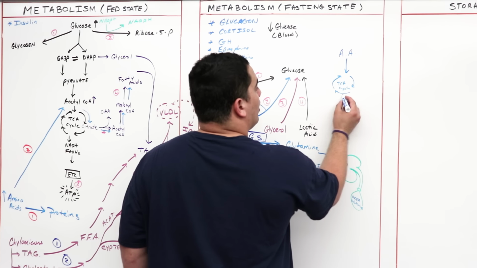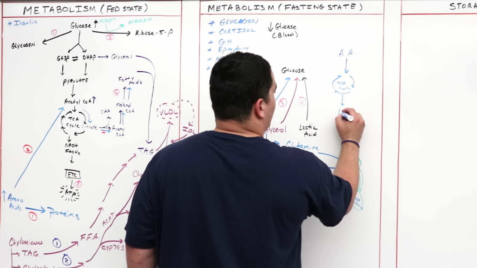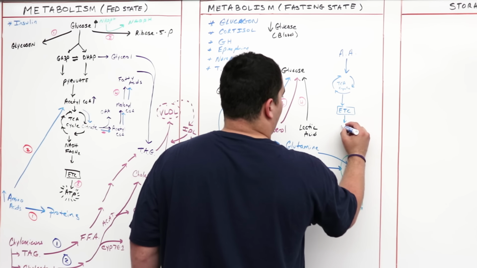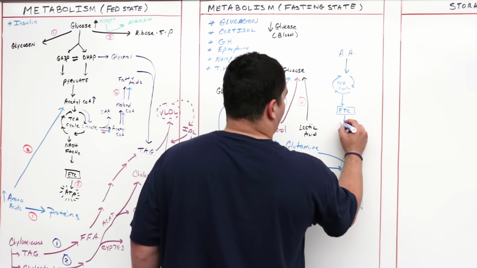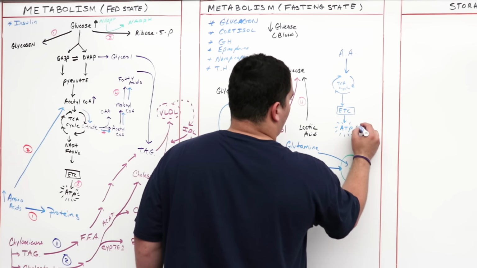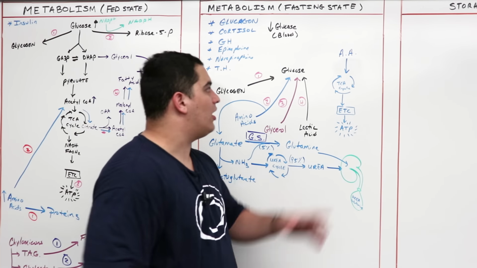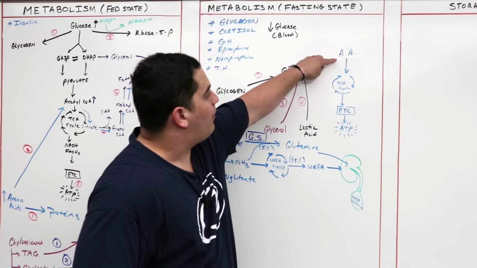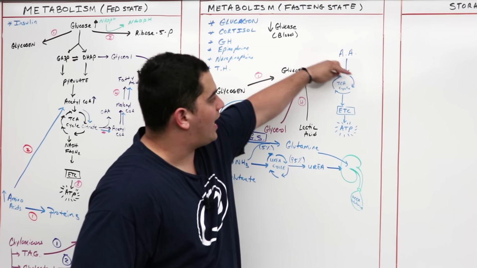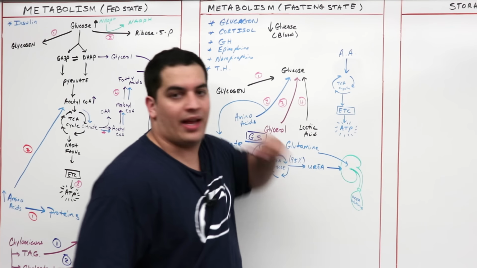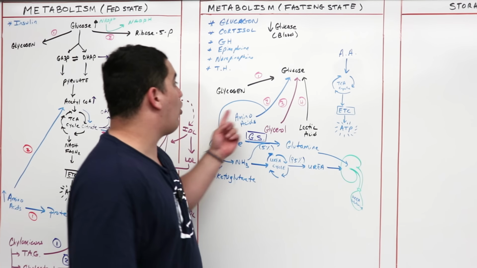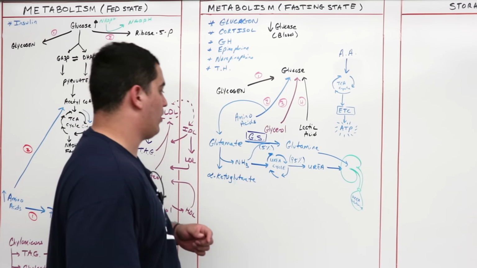And then from here, we can take these guys, send it to the electron transport chain, and lead to the formation of ATP if necessary. Okay, so that's another thing that we should understand here, is that we can take amino acids if we need to, and we can send them into the tricarboxylic acid cycle and generate some energy from those molecules as well. So they don't always have to go into the formation of glucose.